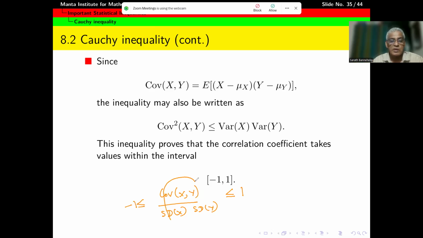Now, this quantity is called the correlation, or sometimes written as just cor between x and y. So it tells you that the correlation between x and y is a number between -1 and +1. So that's coming from this also. You can prove that using this. There are other ways to prove that, but you can also show that the correlation between two random variables is going to be a number between -1 and +1, inclusive of those two, using Cauchy's inequality.